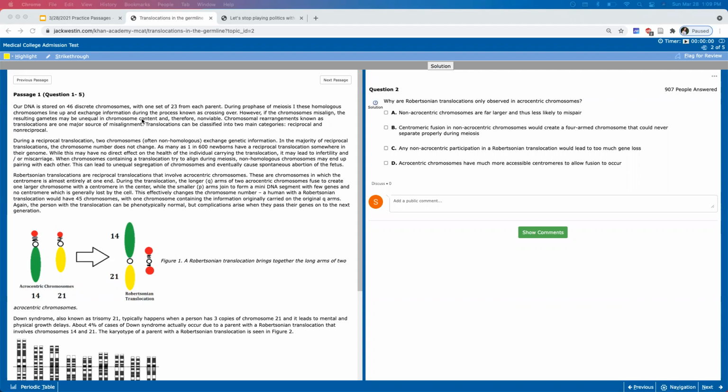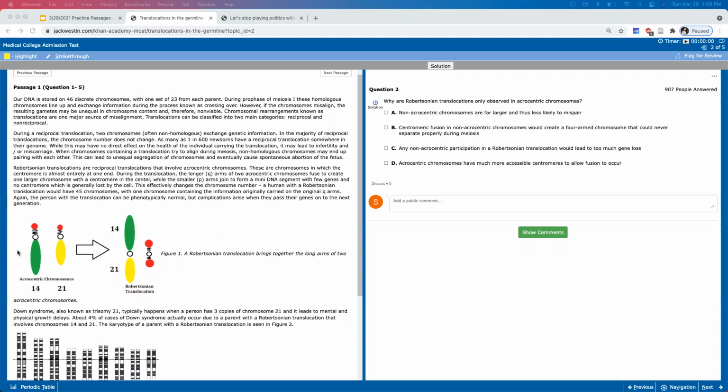Okay, so it's asking why is it only observed in the acrocentric chromosomes? So the ones that have that misalignment, or the unequal segregation.